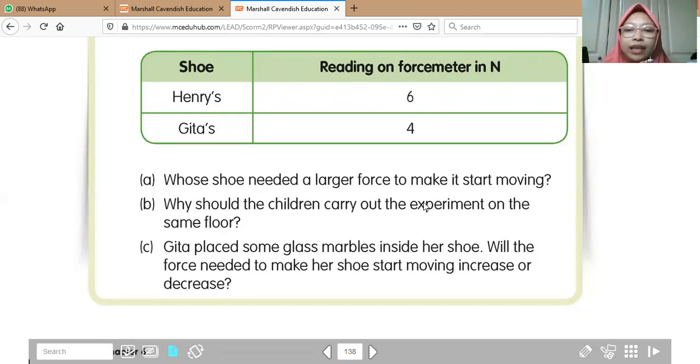If they did this experiment on different floors, but they are doing this experiment on the same floor. Yeah, same floor. Like in our video before, if you do it on a smooth surface, you must do both of your experiments on it.